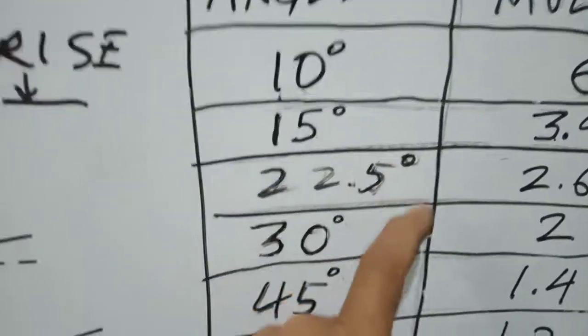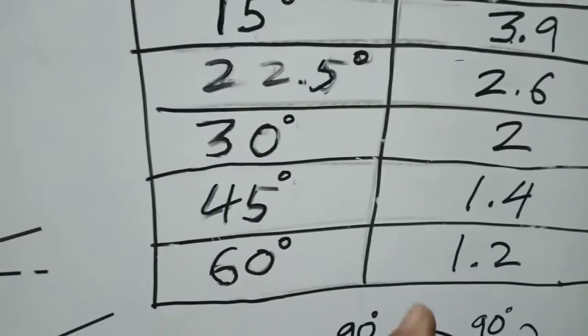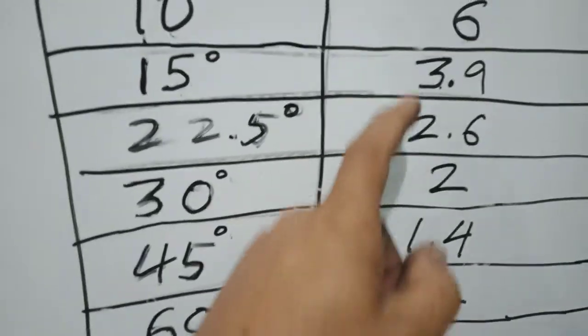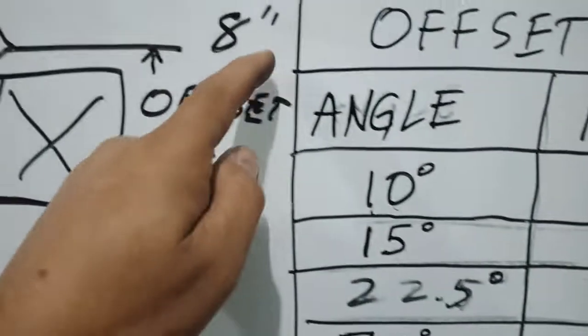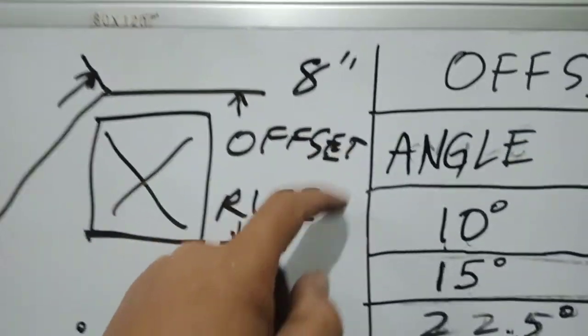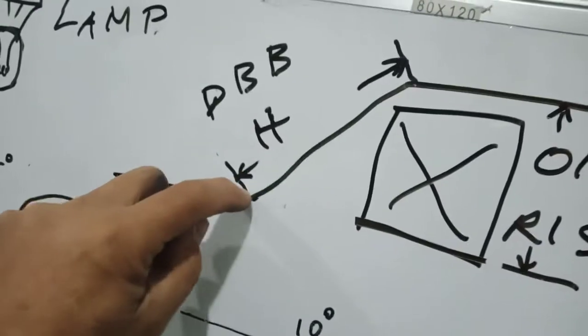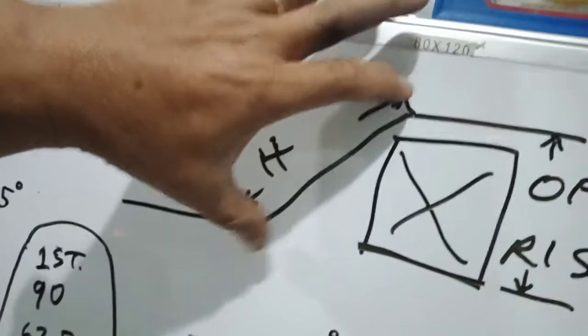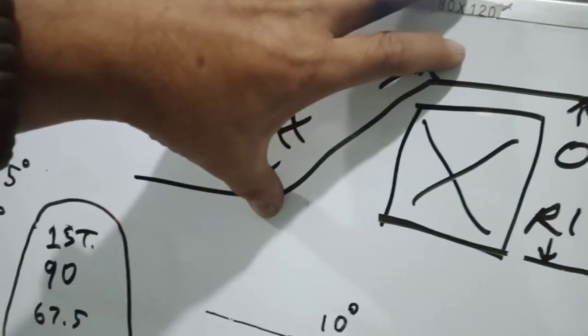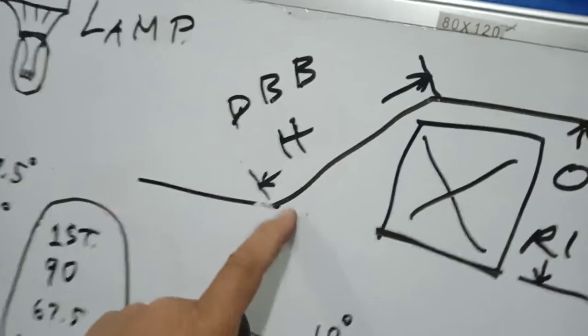Every degree we utilize, we multiply the multiplier by the offset rise to get the hypotenuse, or distance between bends, from this point to this point.